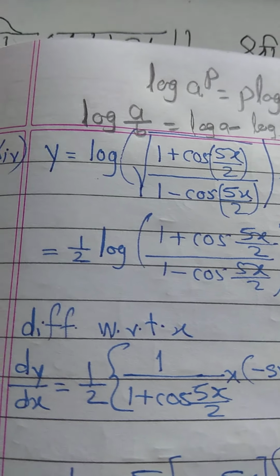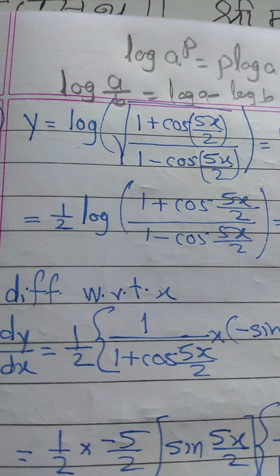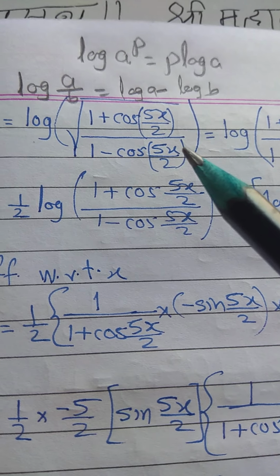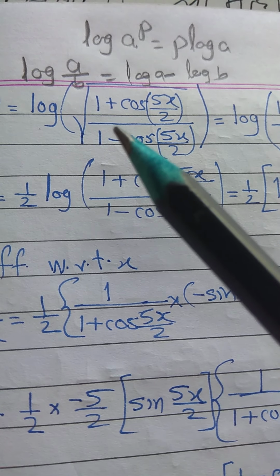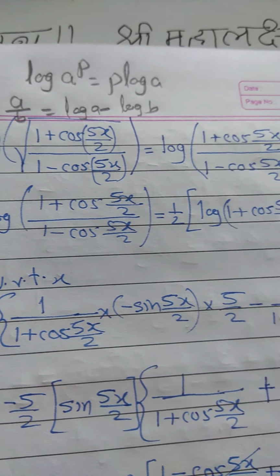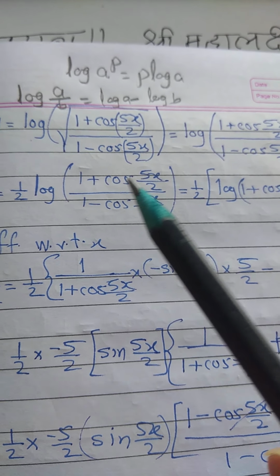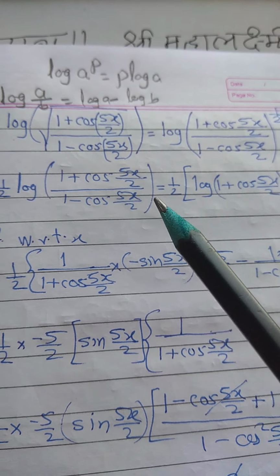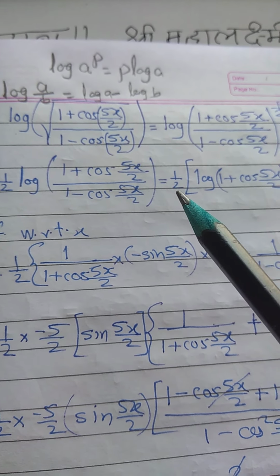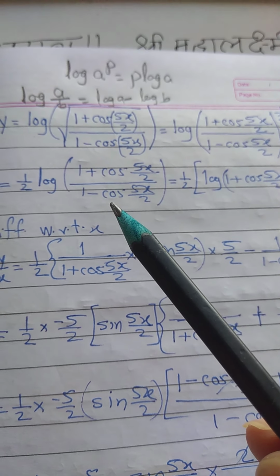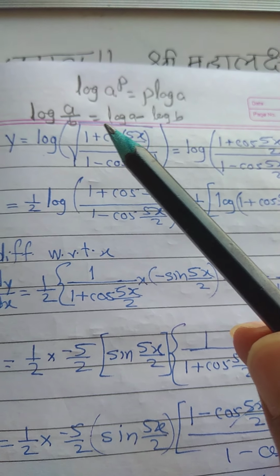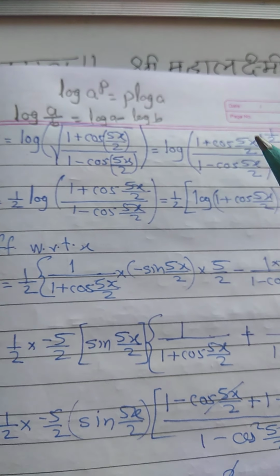Roman 14: it is log of root of something. Log of this bracket raised to half, I will say. Half will come down, log of the bracket equal to half, this log of a upon b. See here, log of a upon b is always equal to log a minus log b.